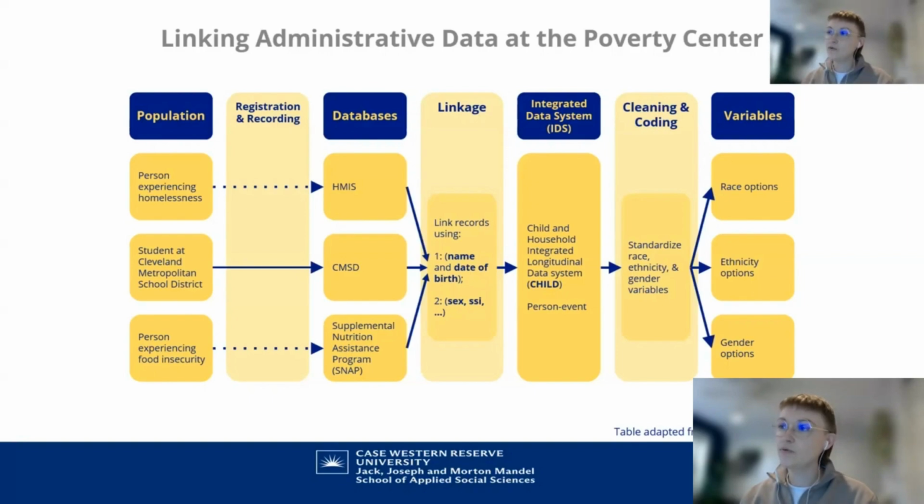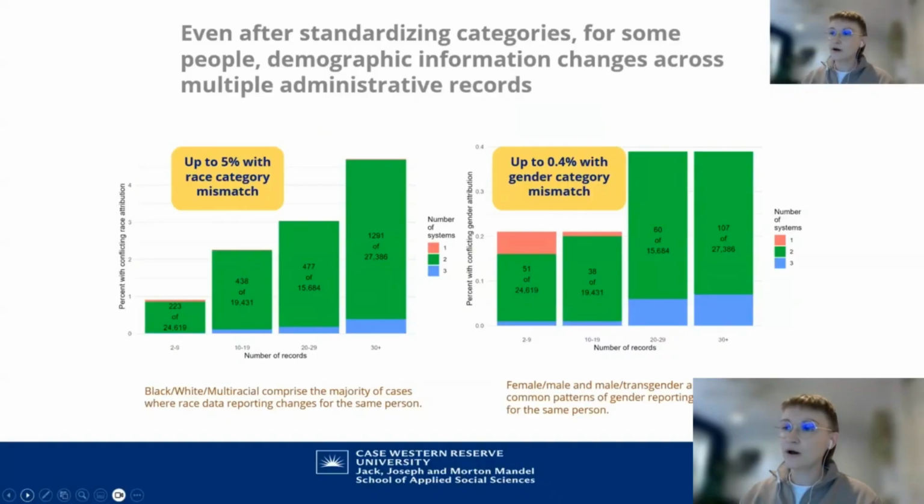And then after they are put into our integrated data system, we do various cleaning, coding, analyzing, and then we get to our output variables of race, ethnicity, and gender. So what we see is that even after we do all of that and do our best to standardize the different categories for race, ethnicity, and gender, we do see people who have multiple records show up in those different records with categories that don't match each other.